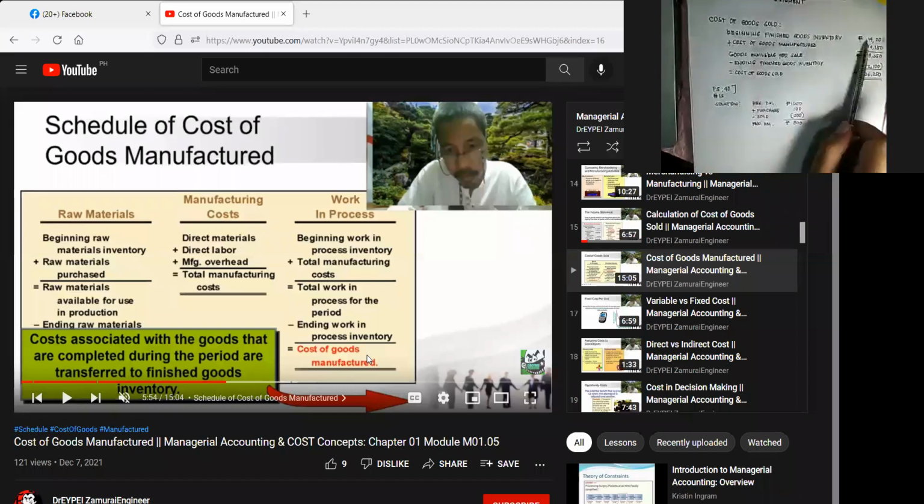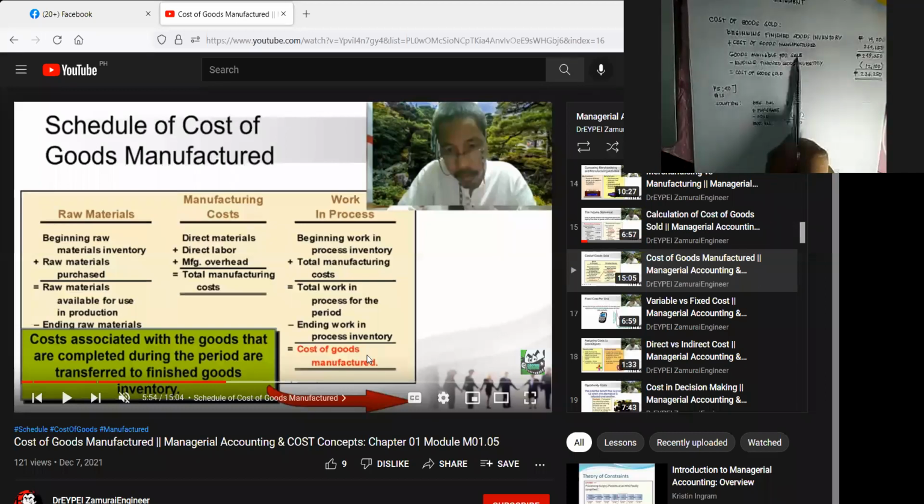That's why if you total it, the total is goods available for sale, because both of them are already finished goods. Minus the ending inventory. Therefore, you have the cost of goods sold on that month. That's how we do it. Okay, next.